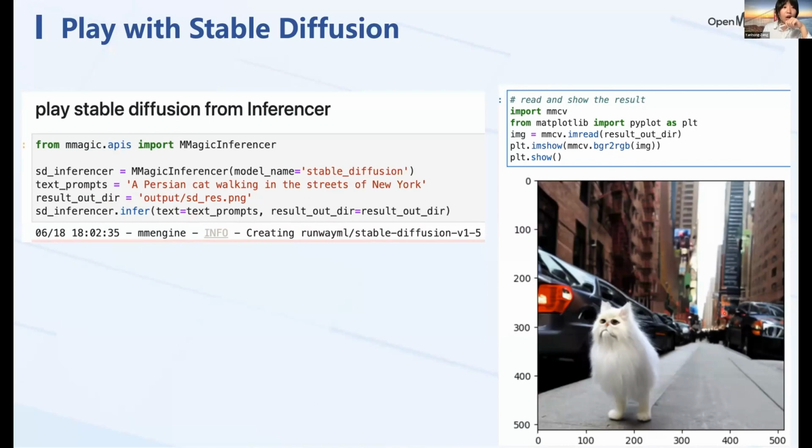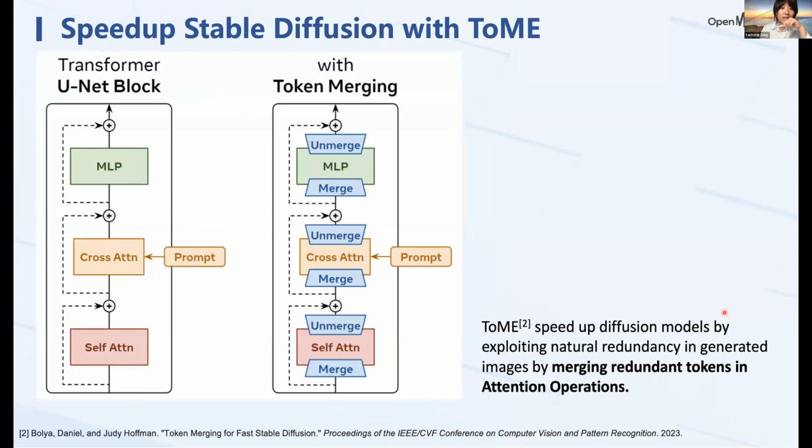Now we have presented 3 ways to play with Stable Diffusion in MMagic, but many users are suffering from the long inference time of Stable Diffusion. So many researchers have studied improving the efficiency of Stable Diffusion. Here we present ToMe. ToMe is a technique that is designed to merge redundant tokens in each attention operation.